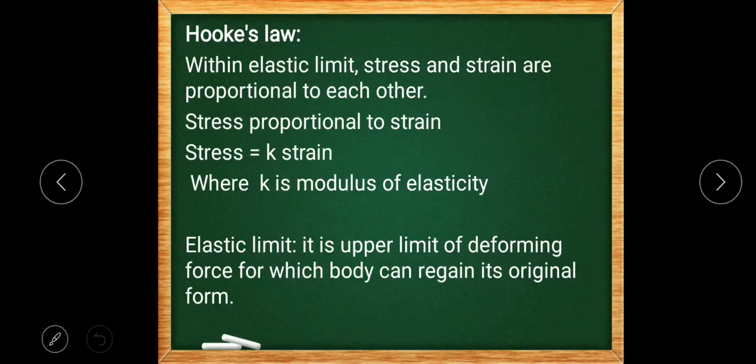So according to Hooke's law, we may write stress is directly proportional to strain. That is, stress equals K into strain, where K is the constant of proportionality. It is known as modulus of elasticity.